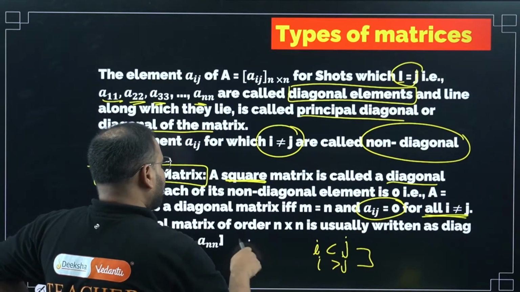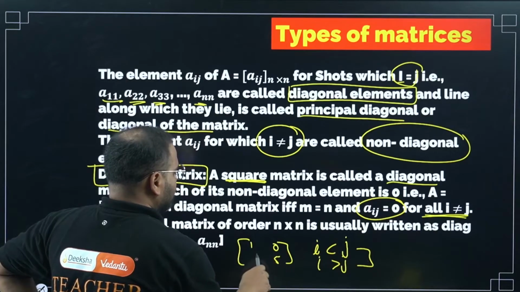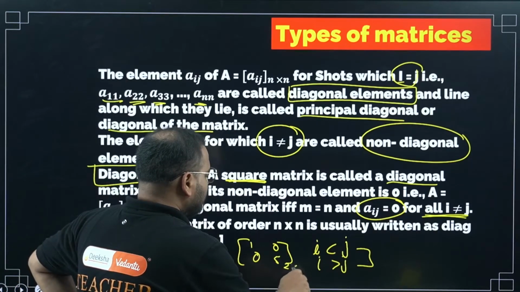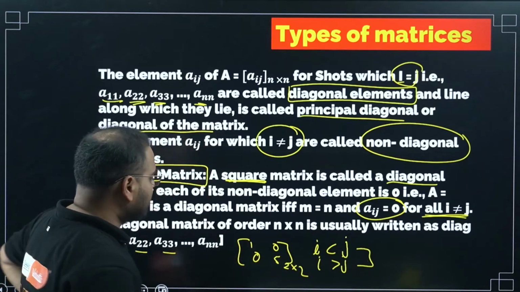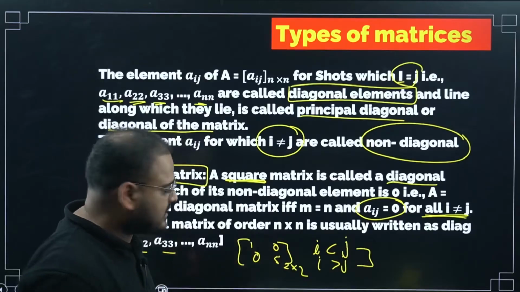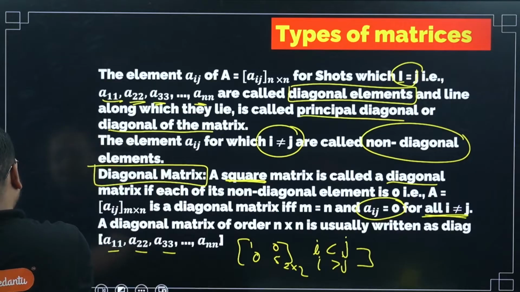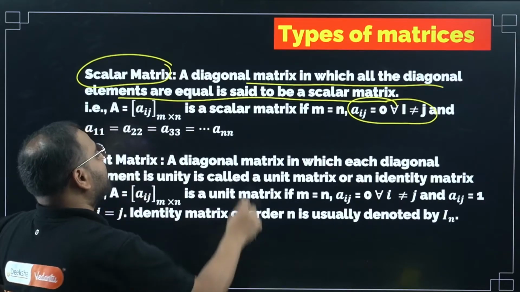If I write a matrix like 1, 5 on the diagonal and 0, 0 elsewhere, it is a 2 cross 2 square matrix and only the diagonal has values; where i is not equal to j it is 0. So it's a diagonal matrix. But for a scalar matrix, they have to be equal to each other, so I have to write it like this.